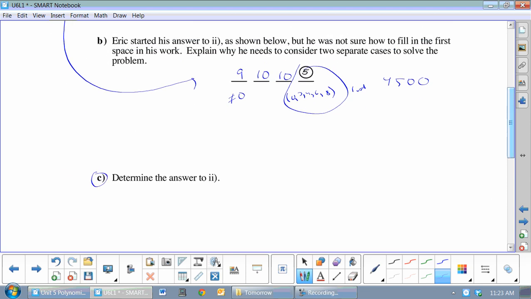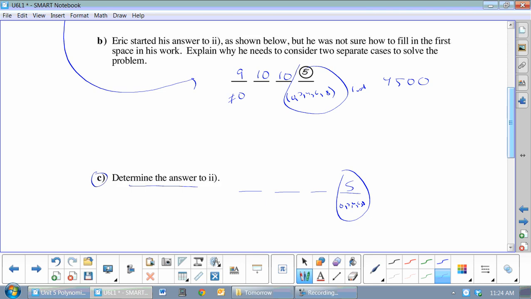Now, let's do C. How many 4-digit even numbers must there be if they cannot be repeated? So how many options do I have for the end? 5, right? 0, 2, 4, 6, 8.